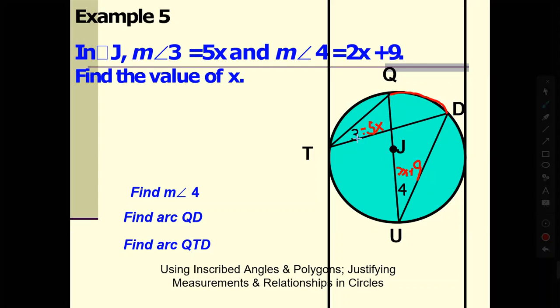If angle 3 equals 5x, then the arc QD equals 10x. If angle 4 equals 2x plus 9, then the arc QD equals 4x plus 18, which is double the inscribed angle.